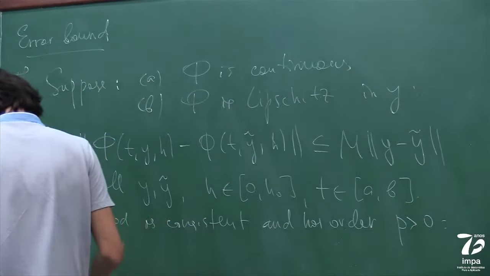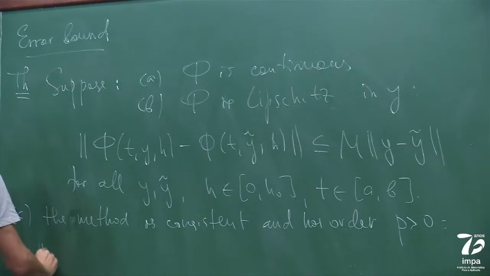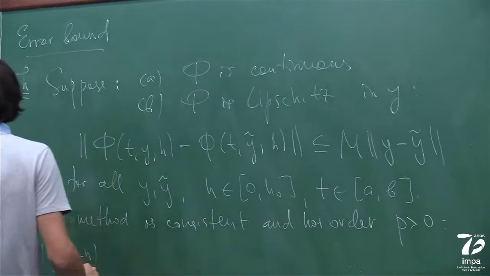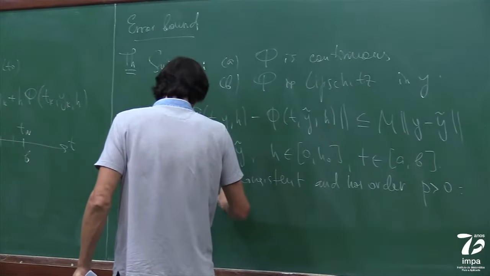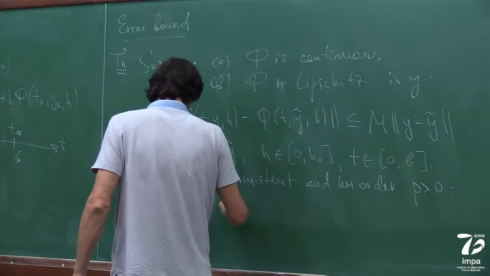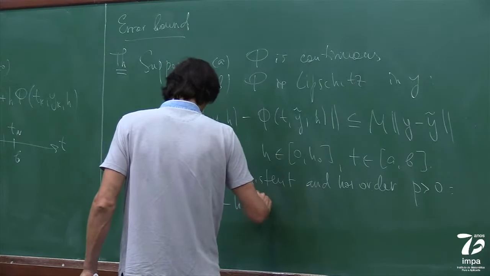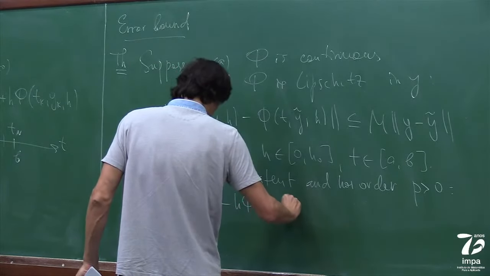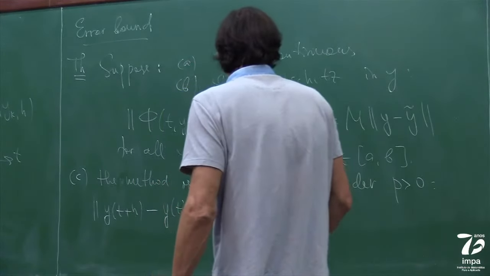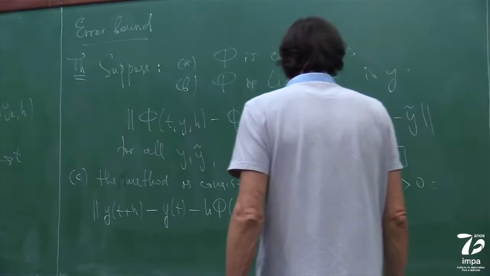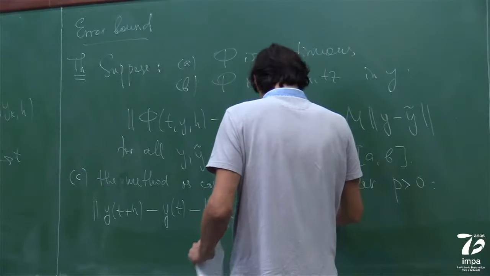Positive order means, remember, that if you compute the solution at step h and subtract the solution that you would approximate with the single step method, so y(t+h) minus y(t) minus h phi(t, y, h), this quantity should be order p plus 1 in h.